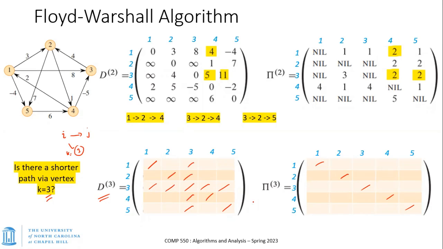Next, can each of you take a shot at one of these so that you get the hang of things? Somebody want to do 1 and 2? We're asking, is there a shorter path between 1 and 2, i is equal to 1 and j is equal to 2, by going through k, which is equal to 3?